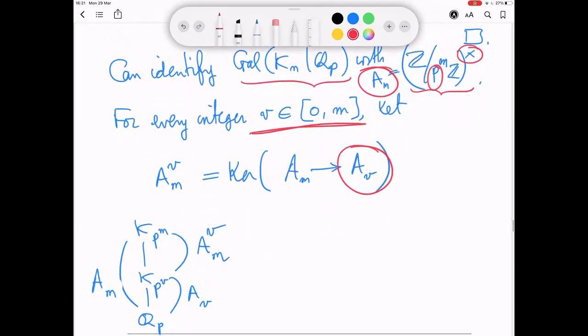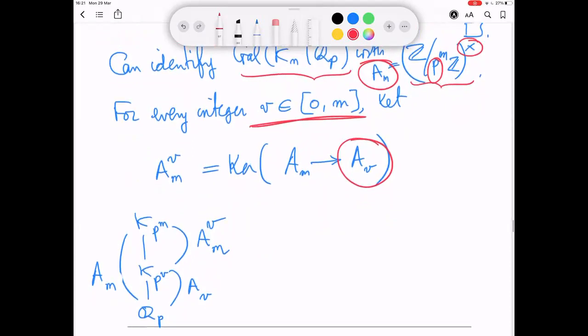It would have been better to call them G sub m, but soon we are going to have a Galois group G, and then there's going to be a lower numbering, and I don't want this to be confused with this. So I'm now calling this A sub m, and A sub v.